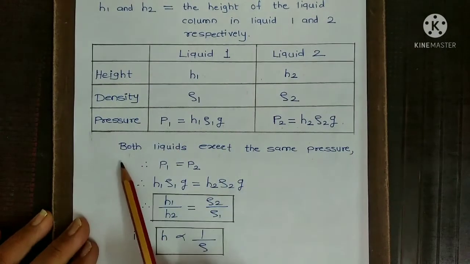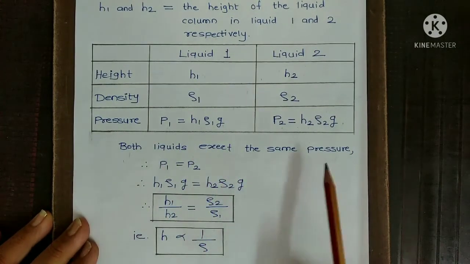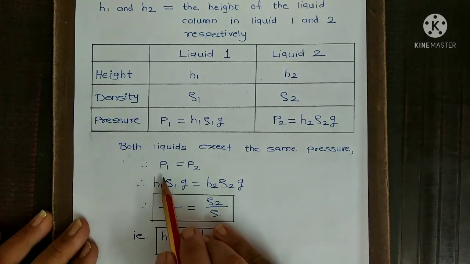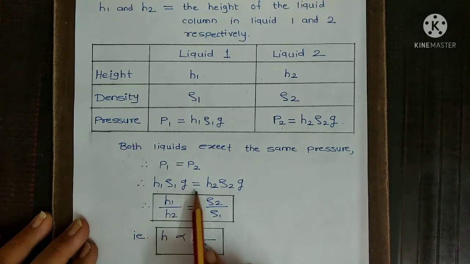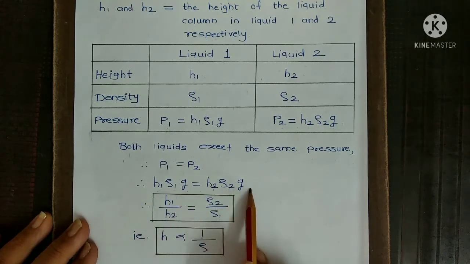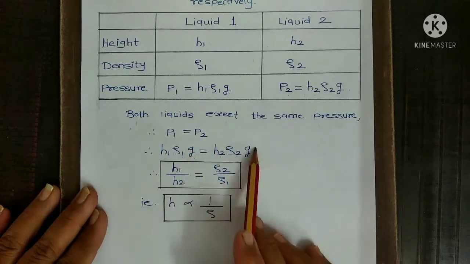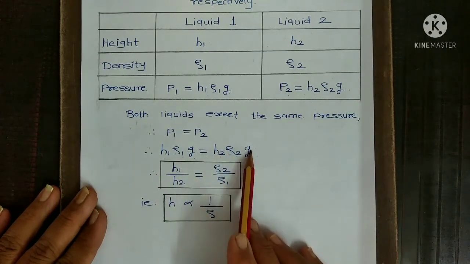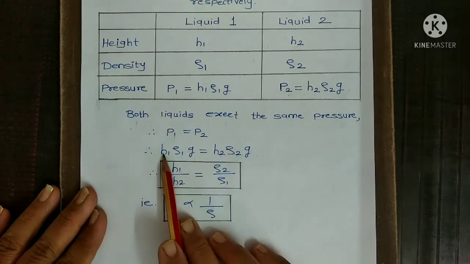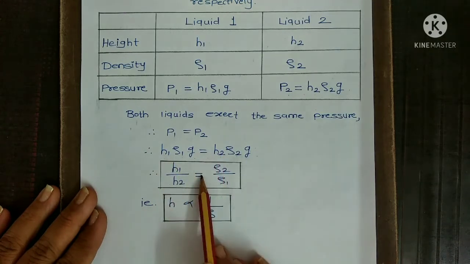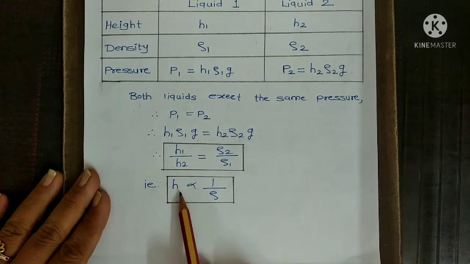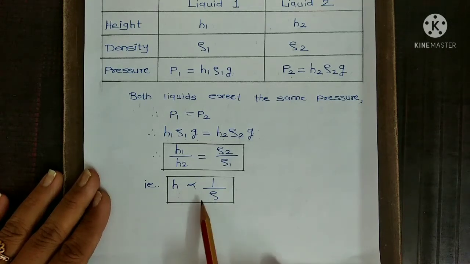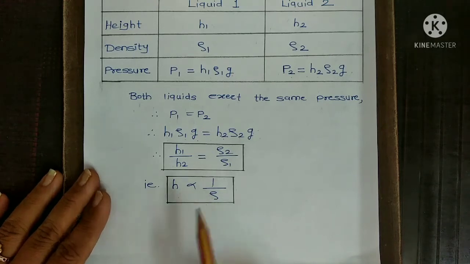The condition is that both liquids exert the same pressure, so P1 is equal to P2. H1 rho 1 g is equal to H2 rho 2 g. g cancels because it is the same term, and we get H1 by H2 is equal to rho 2 by rho 1. That means the height of the liquid column is inversely proportional to the density of the liquid.